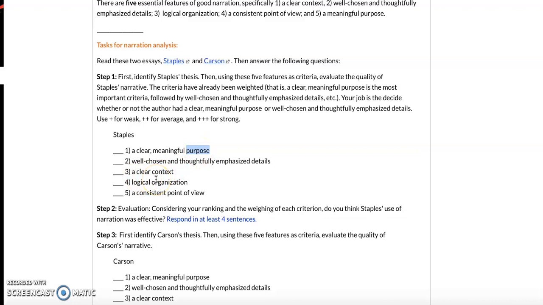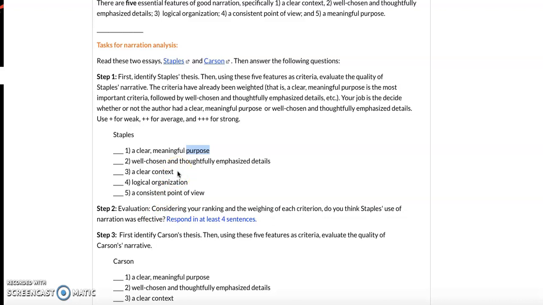Clear context. This one is really important, and sometimes it's hard for people to get at what I mean by clear context. This semester, I'm having you guys look at the Carson essay, and I did that on purpose, where a lot of people, when they evaluated Carson, said, I didn't understand it. I was really confused. It didn't have a clear context. I was really happy to see that people saw that.